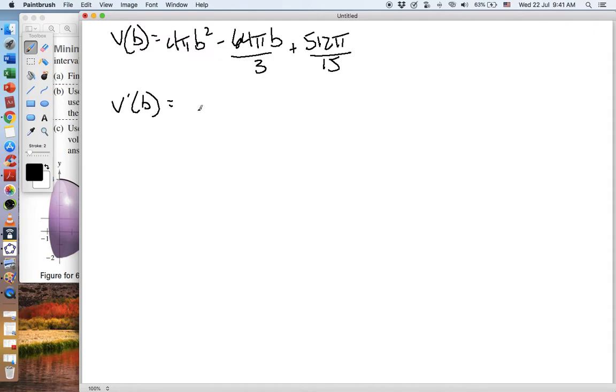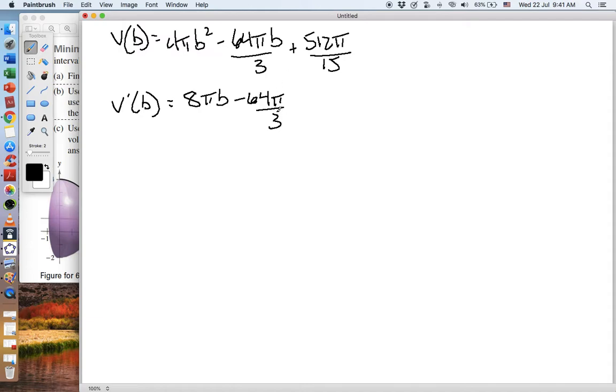Remember, when we look at the derivative, we're looking at the slope. So the derivative, we're just going to take that squared, dump it down, we get 8 pi b minus 64 pi over 3. Just get rid of these constants. This is all a constant.